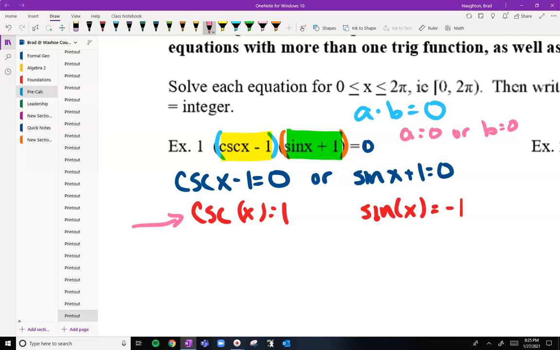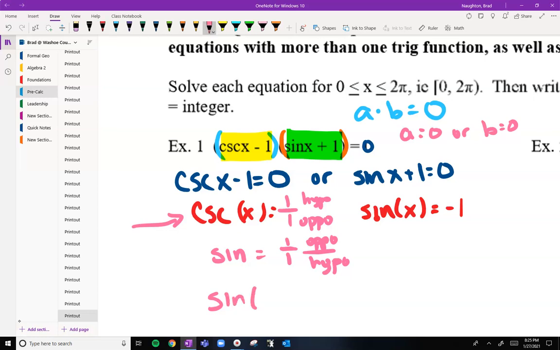So if I think of this 1 as 1 over 1, where this is the hypotenuse and this is the opposite, I can switch that to be sine, which would still be 1 over 1, but then my opposite goes on top and my hypotenuse goes on the bottom. And so really I'm going to say, the sine of what x is going to give us 1.